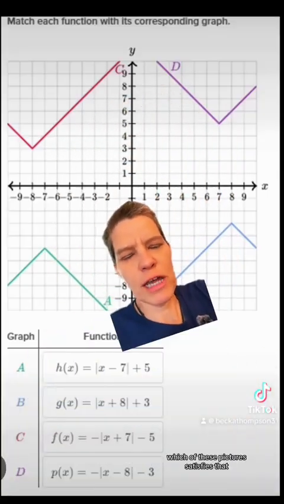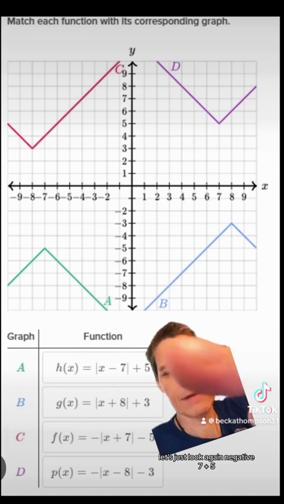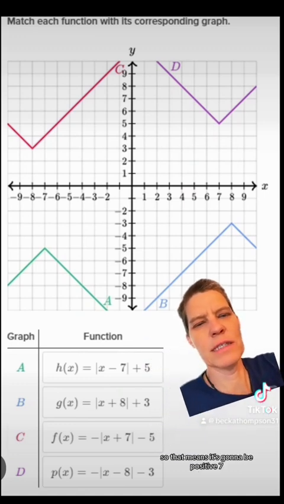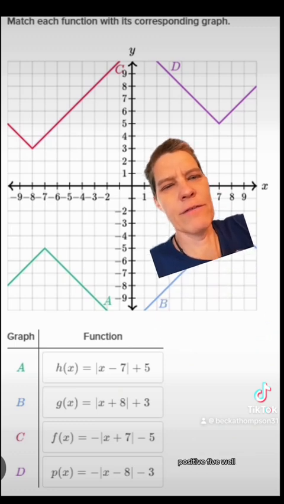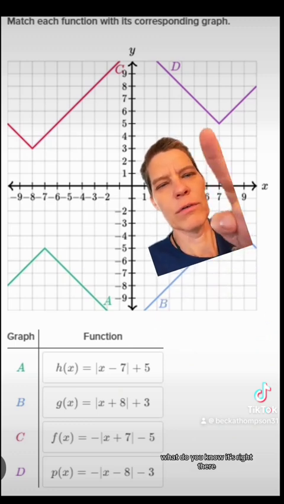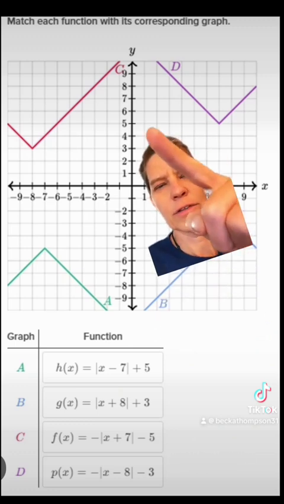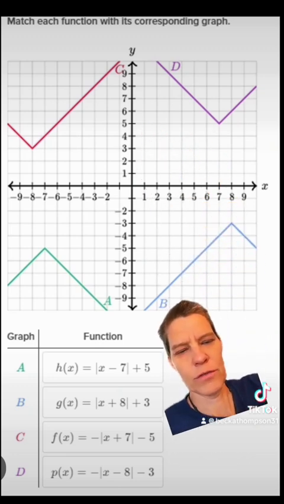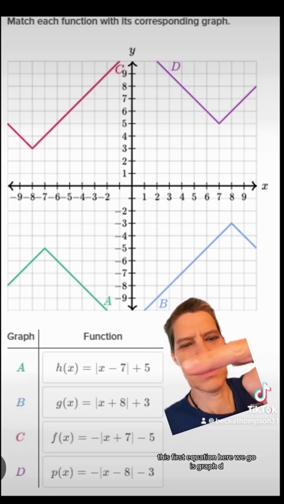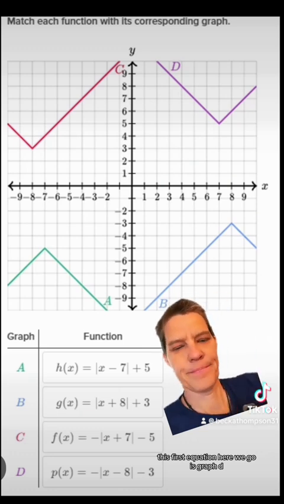Which of these pictures satisfies that? Let's just look again. Minus 7 plus 5, so it's going to be positive 7, positive 5. Well, what do you know? It's right there. There's the 5. So this first equation is graph D.